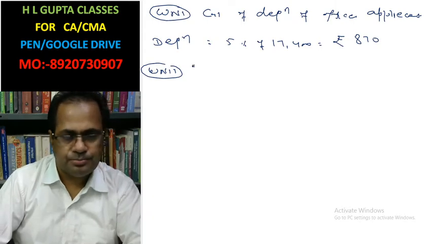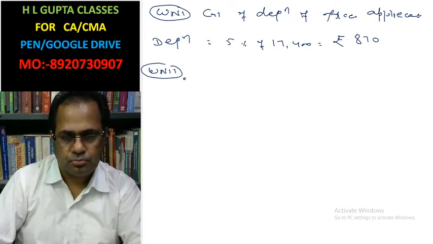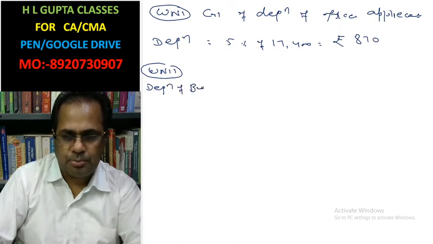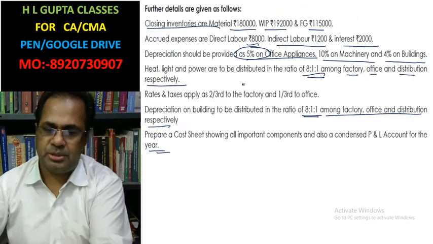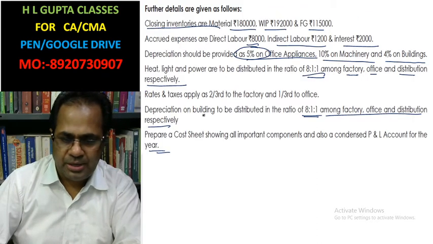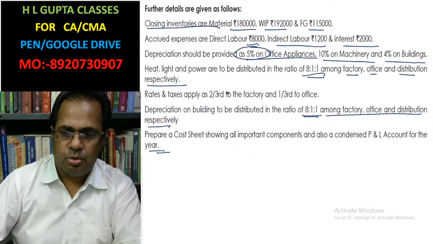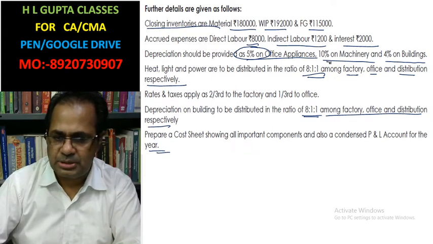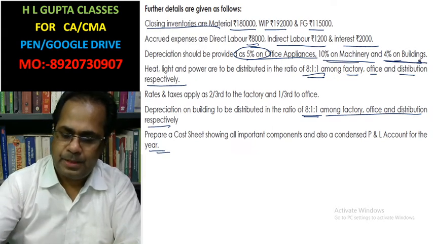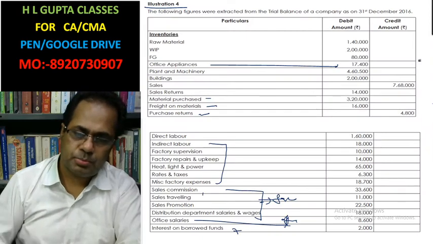Now working note second, depreciation of building. Building depreciation information is given here: 10% machinery and 4% building. What is the cost of the building?